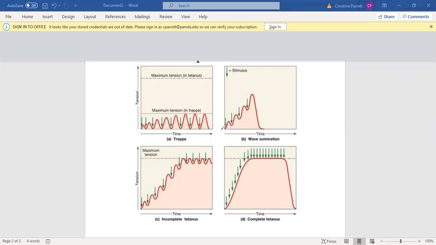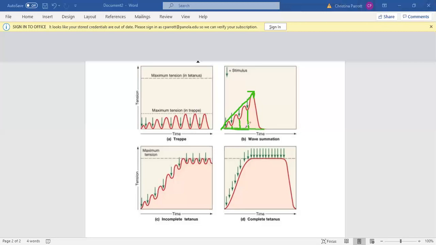You add up the tension from one to the next one, to the next one, to the next one, because you do not have complete resting. So you'll see in this graph here, after you get the first relaxation, you don't go all the way back down to this baseline of 0 tension, okay?